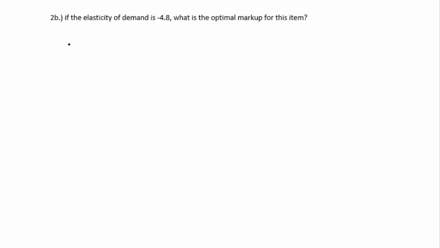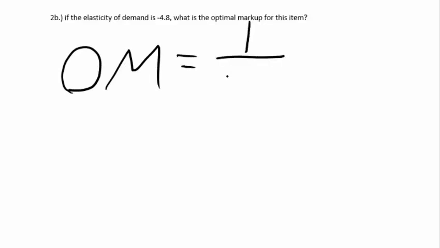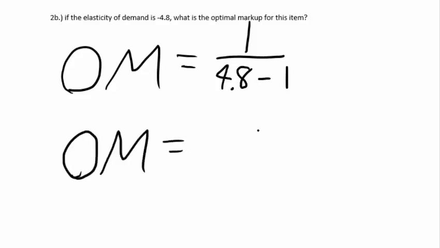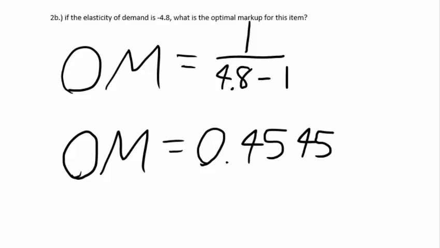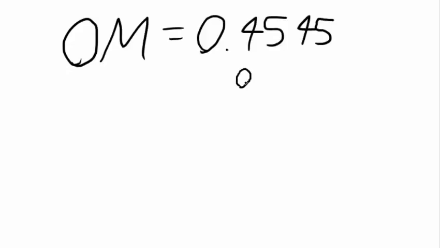So using the optimal markup formula of 1 over the absolute value of the elasticity, which is just a positive 4.8, minus 1, and by plugging that into a calculator, we can find our optimal markup equals 0.4545. And if we were to write this as a percentage, it would be 45.45%.